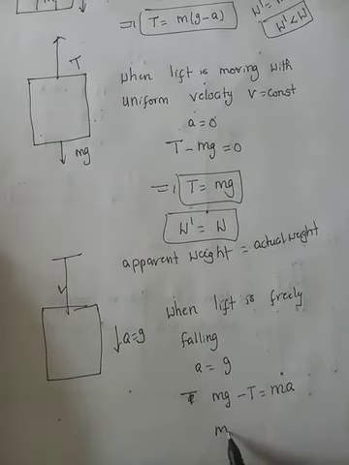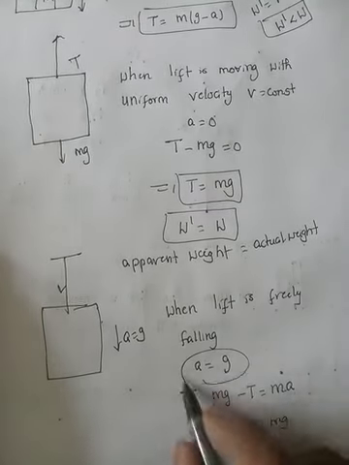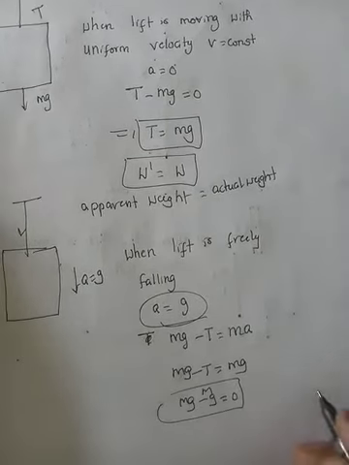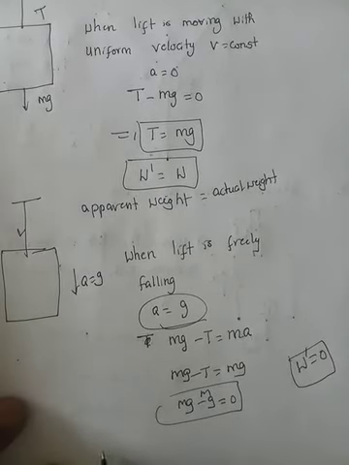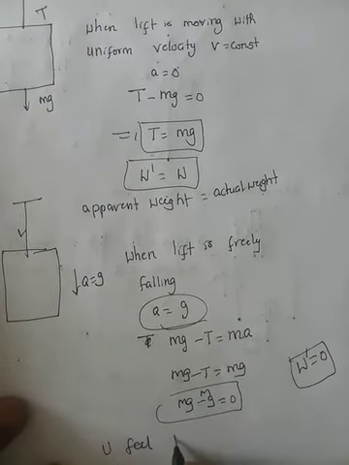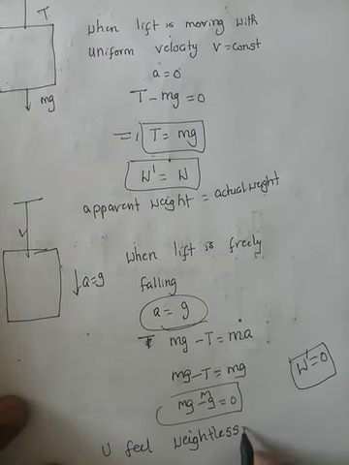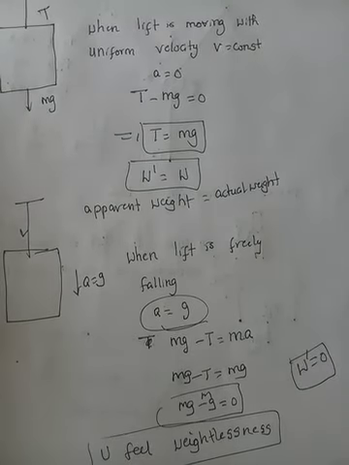Then mg minus T equals mg, because a equals g. So T equals mg minus mg, which equals 0. Apparent weight equals 0, which means you feel weightlessness. When the string of the lift breaks, you feel weightlessness.